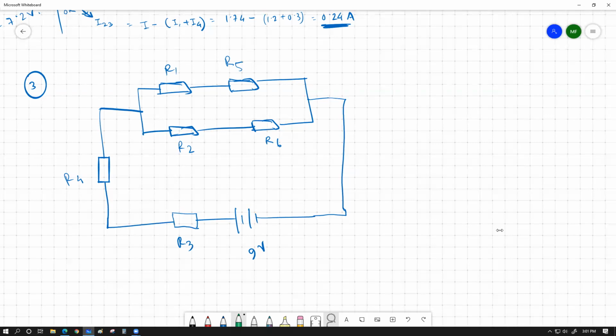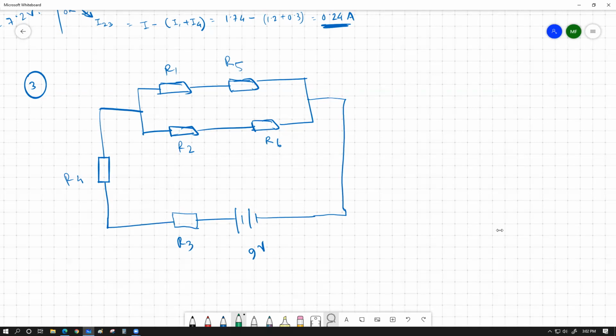This parallel combination, comma, R4, comma, R3 are in series. Or if you want to start from the positive end of the battery, you could also write in the second sentence that R3, comma, R4, comma, this earlier mentioned parallel combination are in series. That also works.